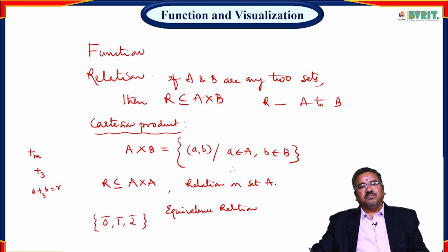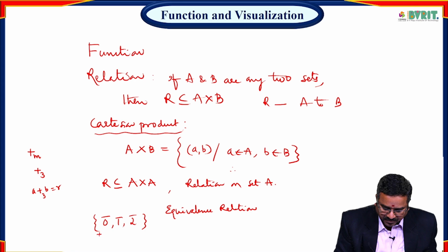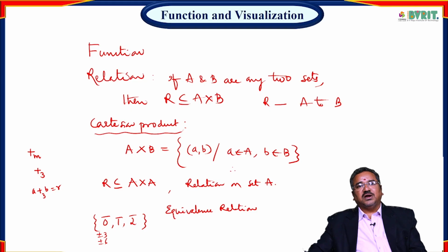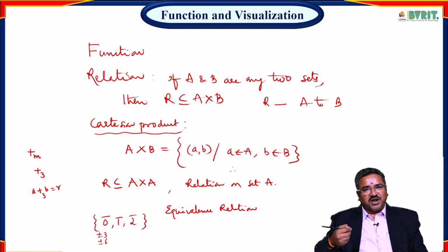For example, in 0 bar, all the multiples of 3 I am keeping in this one. Why? By using the relation addition modulo 3, when we divide by 3 and leave the remainder 0, the number comes under the category 0 bar. 0 bar is one equivalence class: whenever we divide by 3 and it leaves the remainder 0.